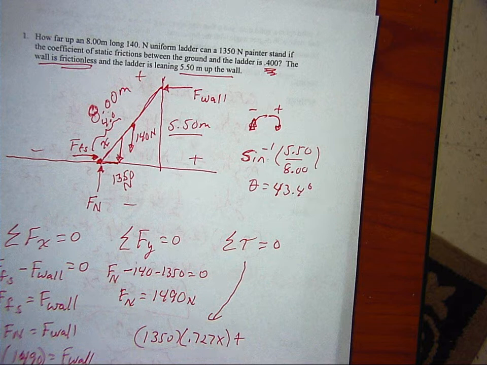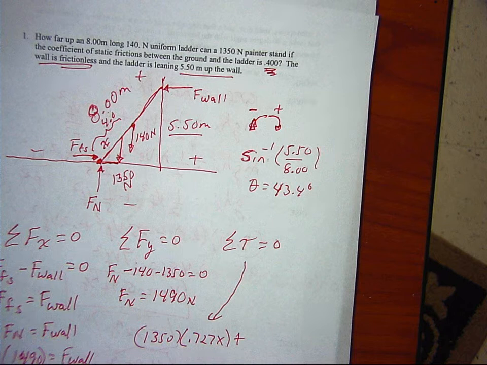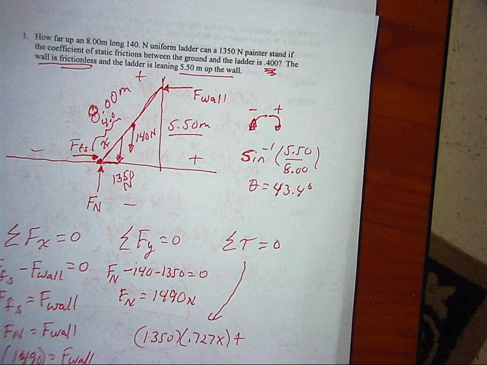How'd you figure out the 0.72x? Because the adjacent side is hypotenuse times the cosine of the angle. If you take cosine of 43.4, you should get 0.7. Because we don't know how far the guy is, so that's X. Oh. That's what we're trying to find.